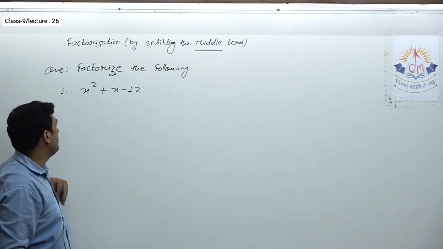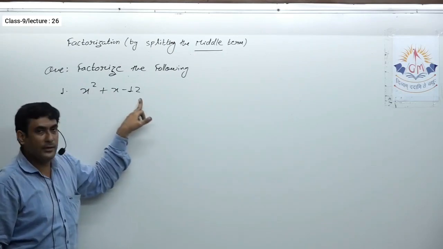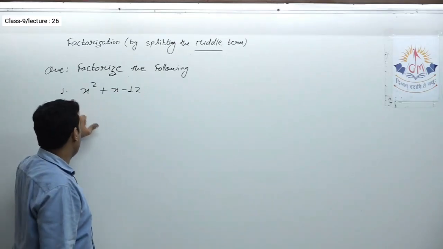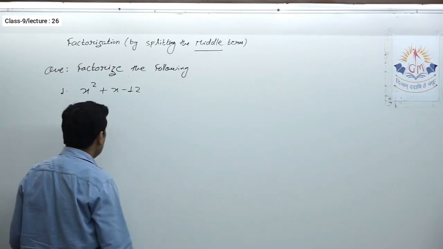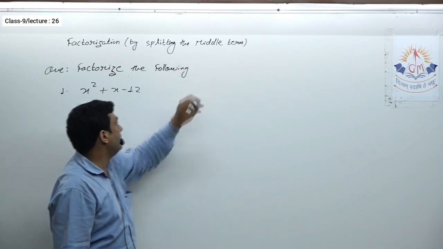Yes, it is in the standard form. First we have x square, then we have x, then we have the constant term. The second thing we have to check is that the first term must be positive. Yes, here the first term is positive. Now we will come to splitting the middle term.